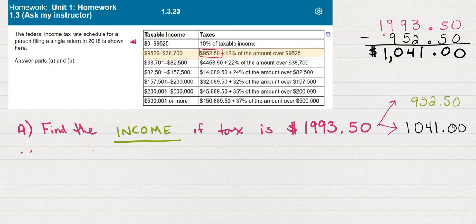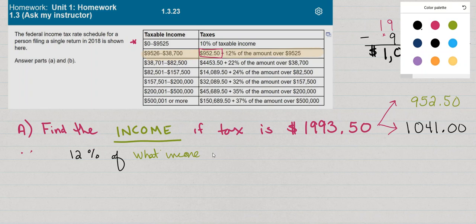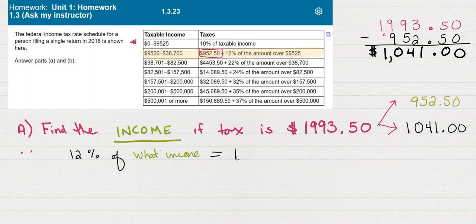So now for this $1,041 in tax, where did that come from? It was 12% of the income. So I'm going to say 12% of what income, or 12% of X, is equal to $1,041.